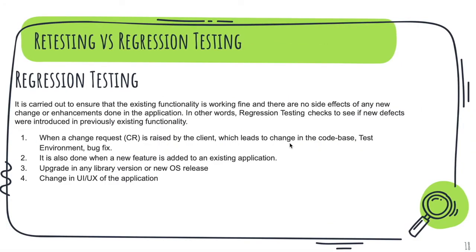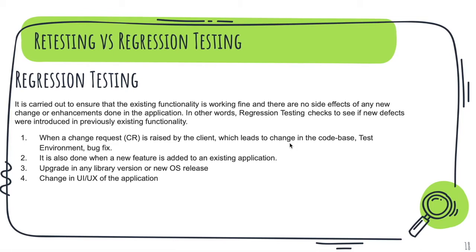So basically, retesting any application is important once there is any bug fix, or maybe there are any changes in any environment, we need to do some retesting. So retesting in generic means testing again and again, and regression is a superset of retesting.